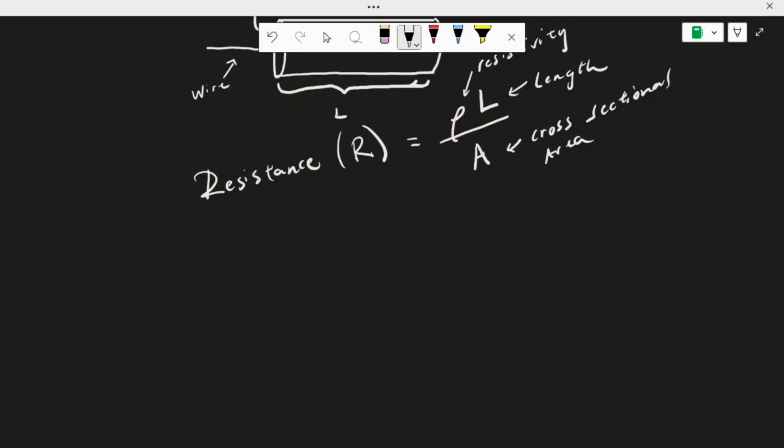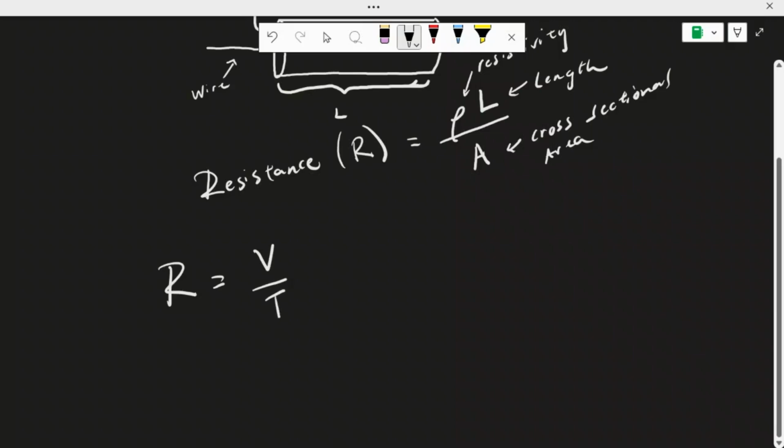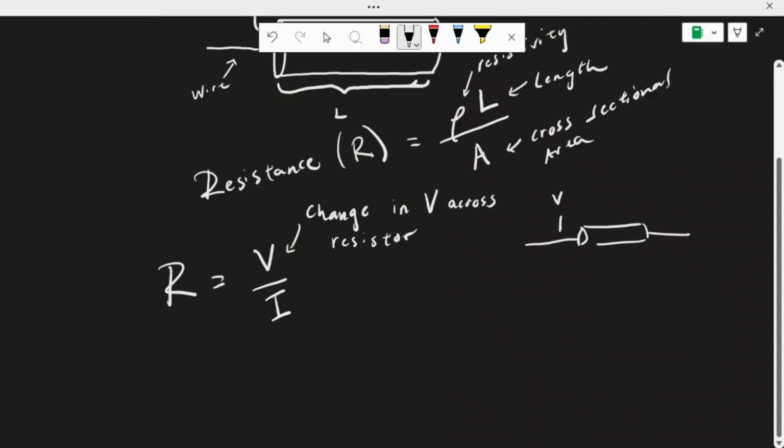Now, we talked about the resistance being also a measure of how hard it is for stuff to flow through the circuit. So we also get that the resistance is equal to the voltage change, and by voltage change, I mean if I have a resistor here, it would be V initial and V final.